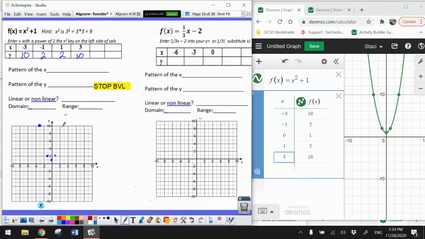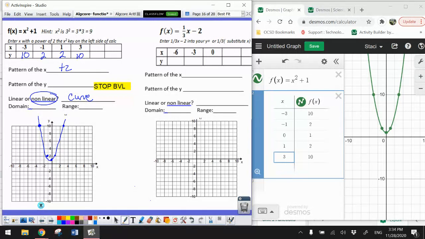This one has symmetry. So it actually is a mirror image of each other. And I'm going to go ahead and draw this. Okay, so easily, it's not linear. It's a curve, so it's definitely not linear. Pattern of the x is still plus 2.